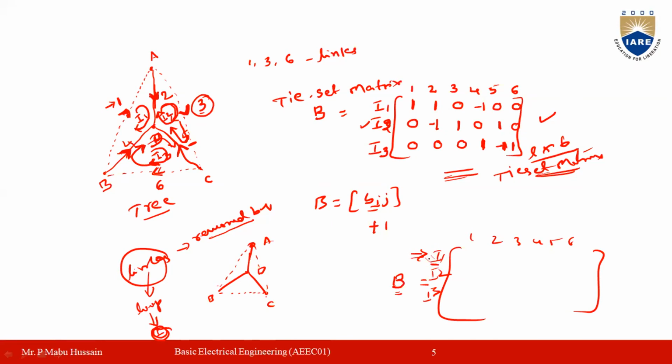If they are in the same direction, you get +1. If they are in the opposite direction, you get -1. If the branch is not in the first loop, you simply get 0. Like that you can form the tie set matrix. Simple. So this is finally your tie set matrix.